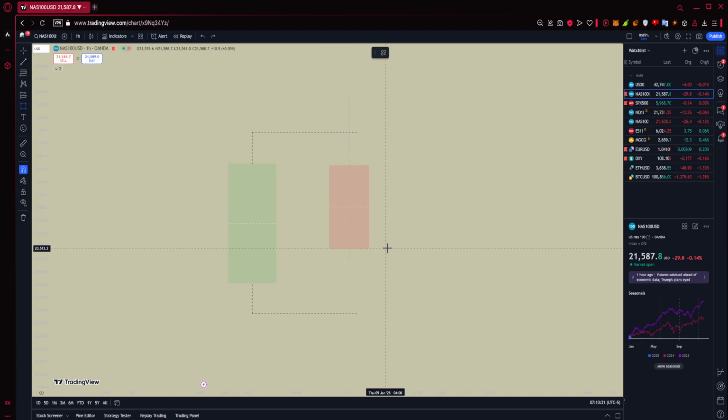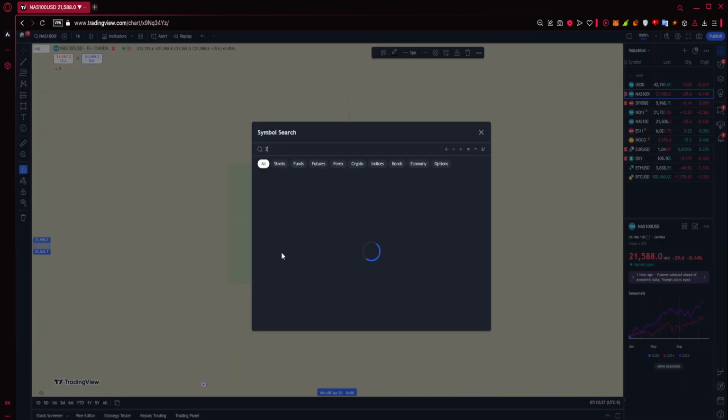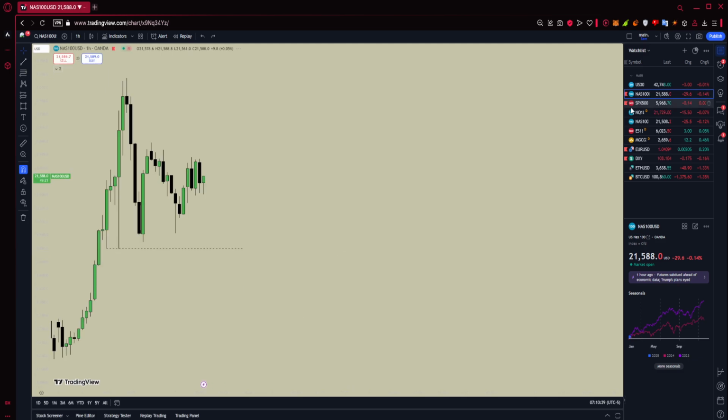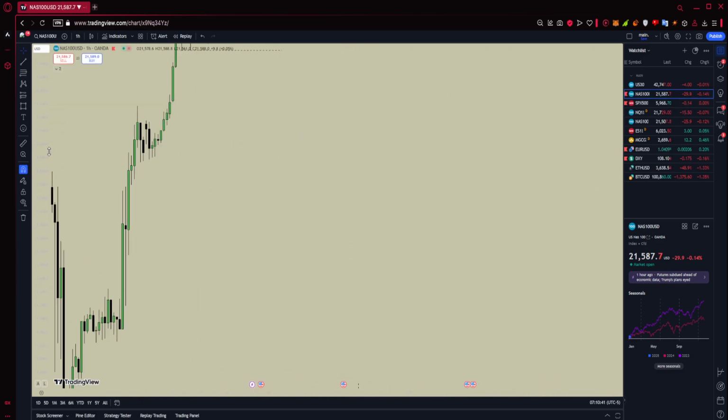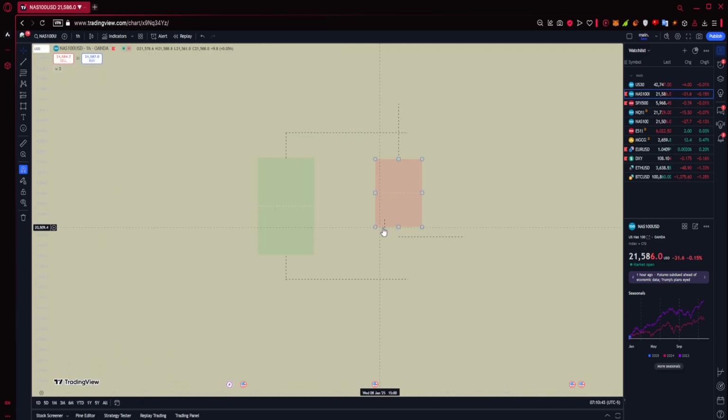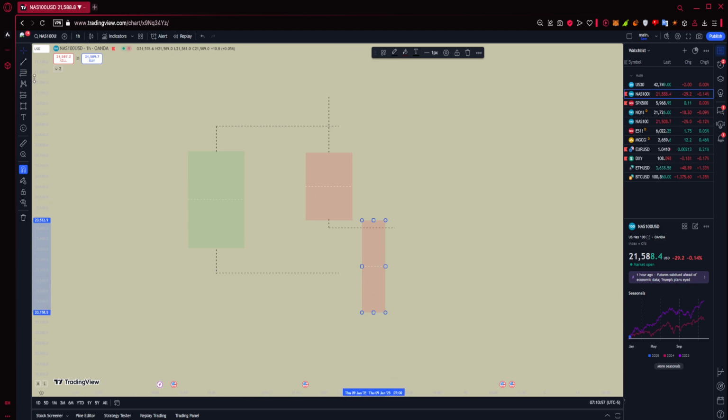So where is our next strong liquidity? This low. Sorry, I just lost everything. If I can find it here. So our new drawn liquidity will be this low and this low right here. Now let's assume the next daily candle opens here, trades here.